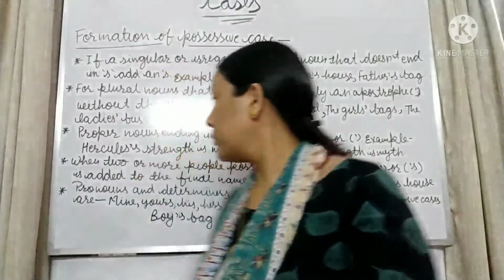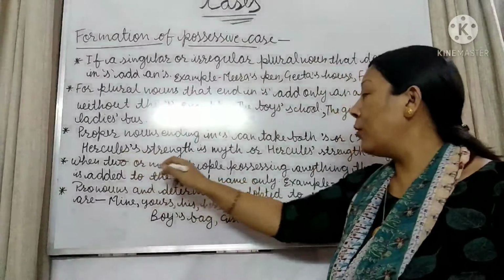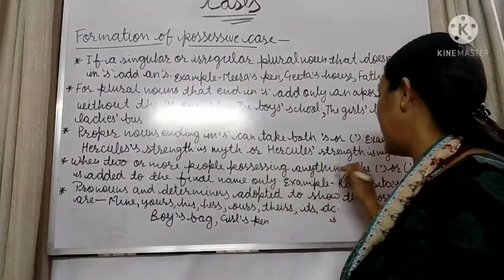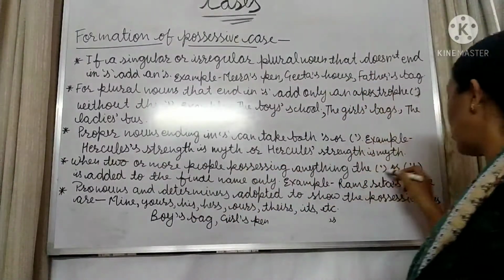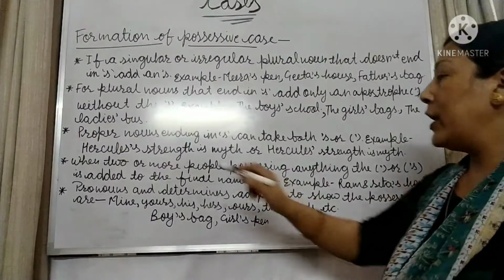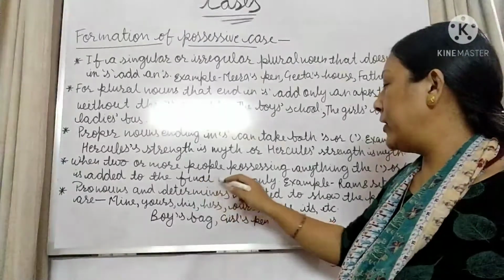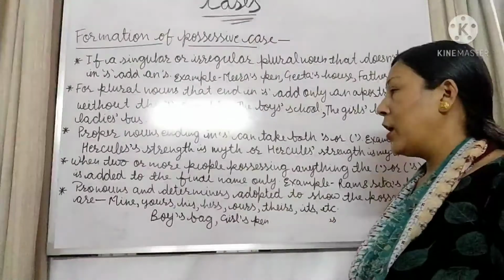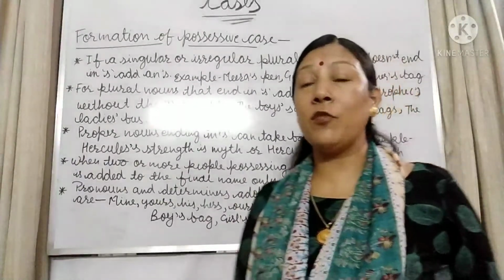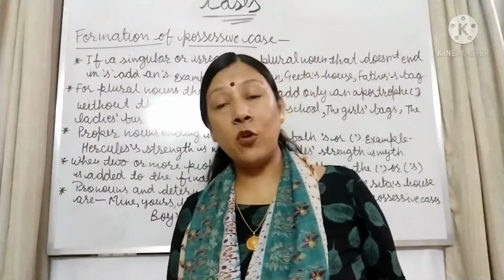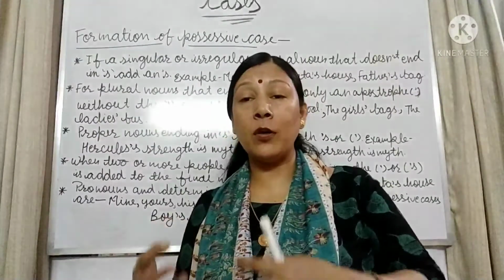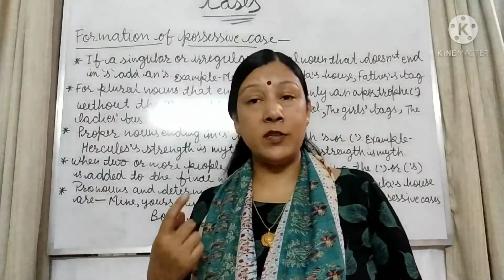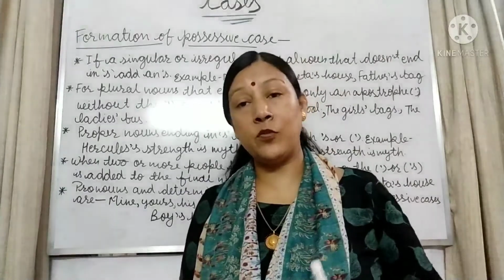Next, when two or more people possess something, the apostrophe or apostrophe s is added to the final name only. So if it is plural, we will just add an apostrophe. If the two or more are singular, we will use apostrophe s.